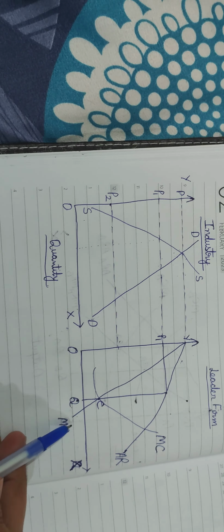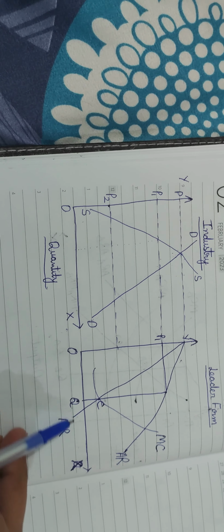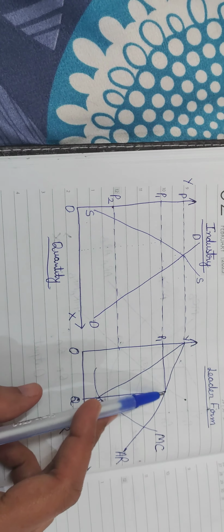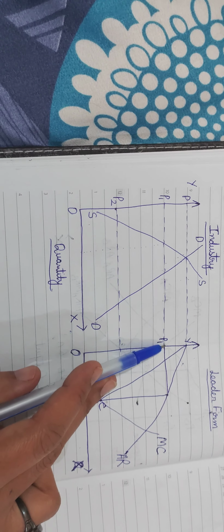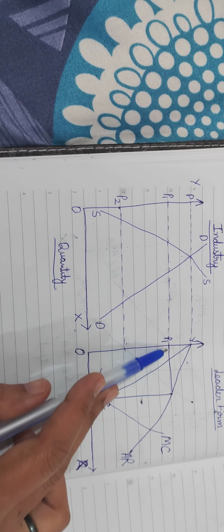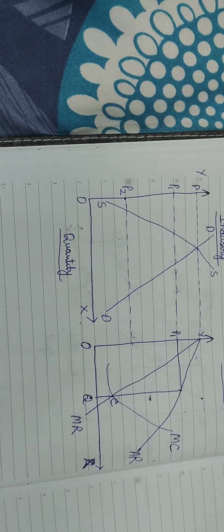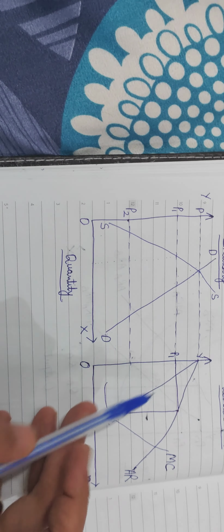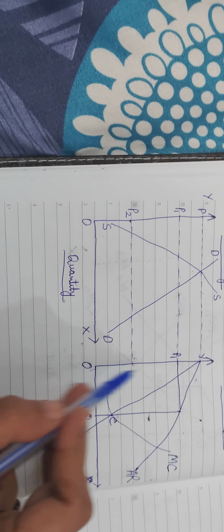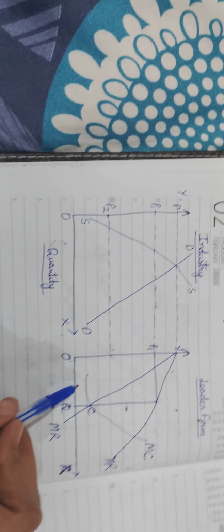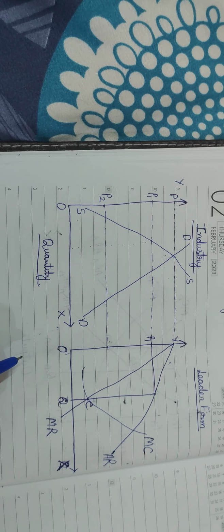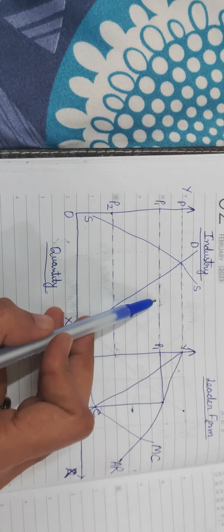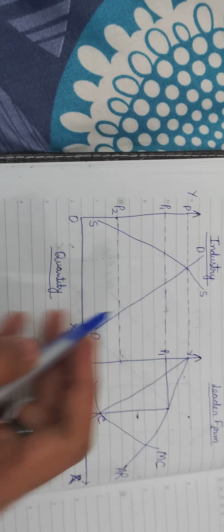Now if we stretch this line further and join it with P1, I've already done it before, at P1 the leader firm will supply OQ quantity. At this price the firm will supply this quantity. Further, we can say that the gap between A and B will be the same as OQ.